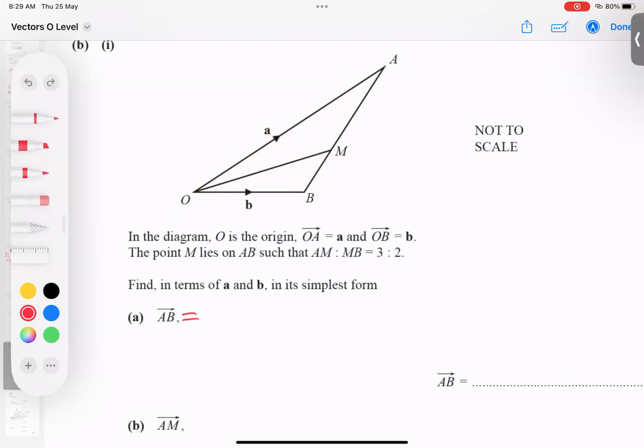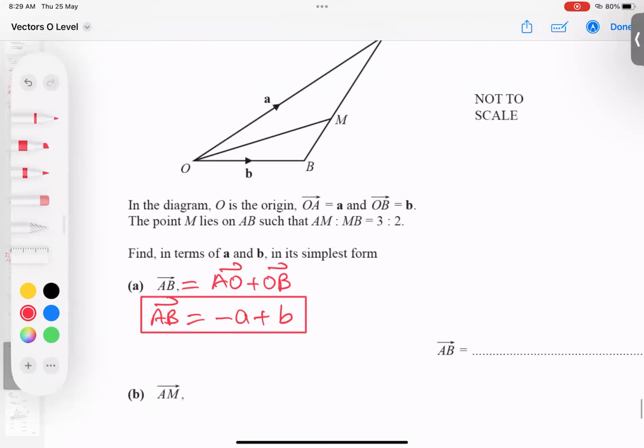So I can say A to O, O to B. And when I'm coming backwards, A to O is minus a, and O to B is b. So Alhamdulillah Rabbil Alameen, first part is done.